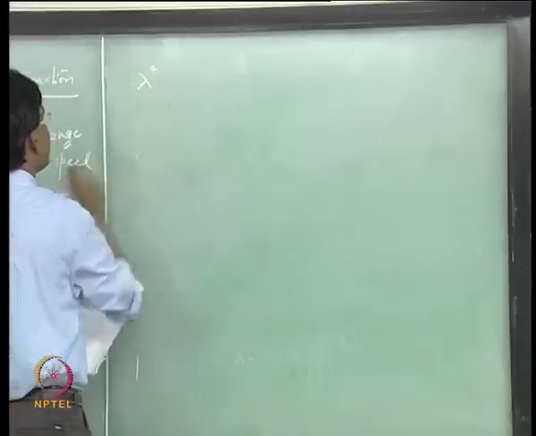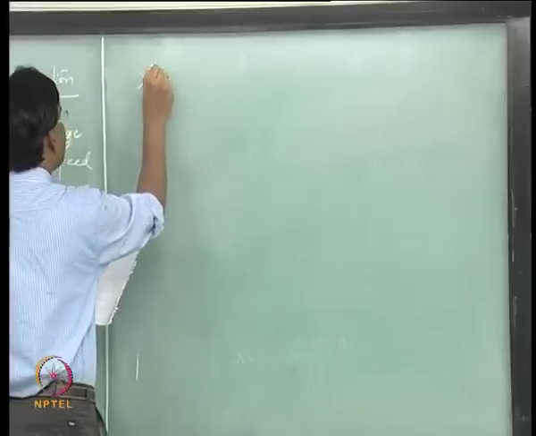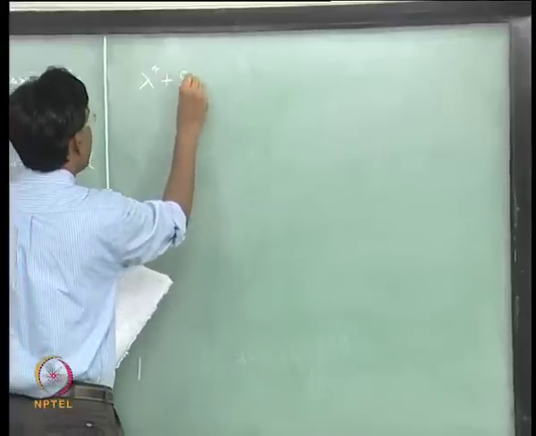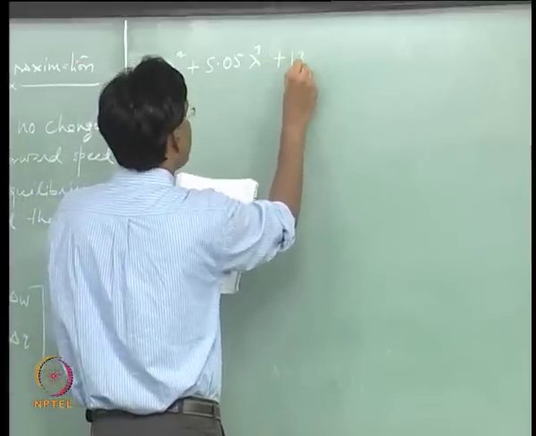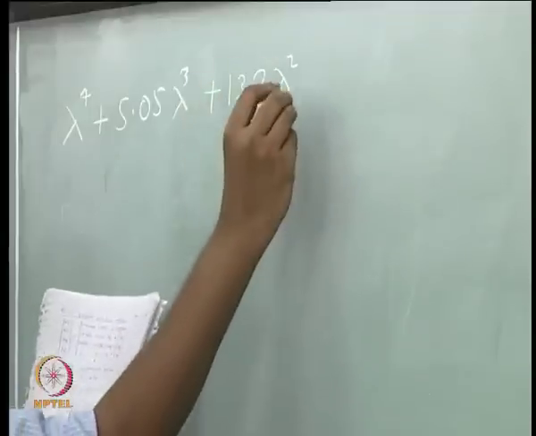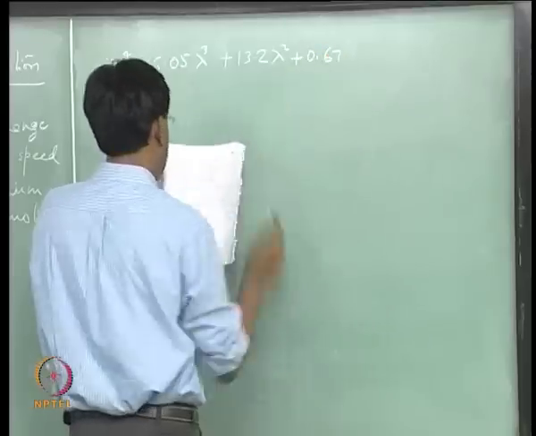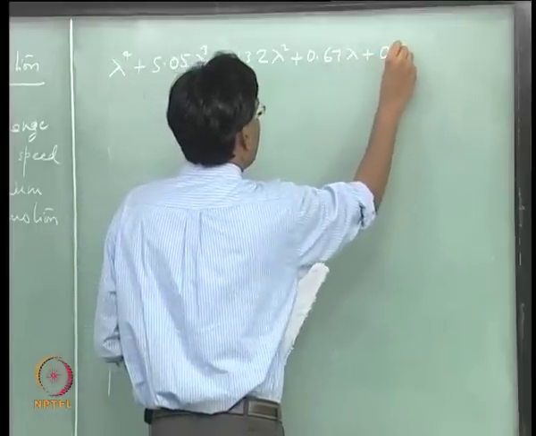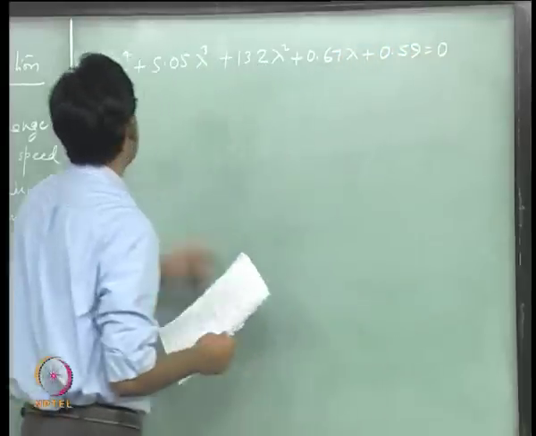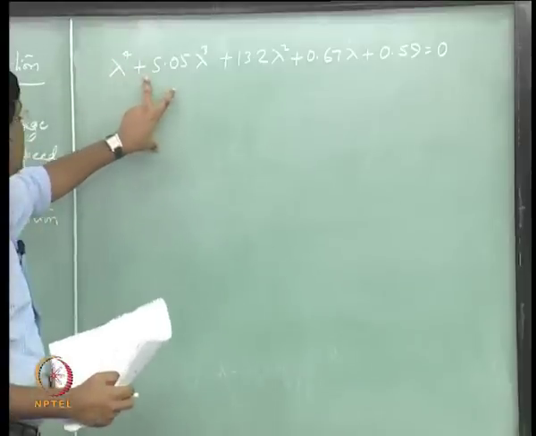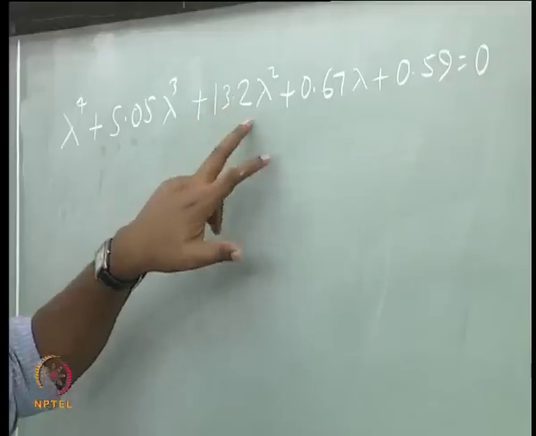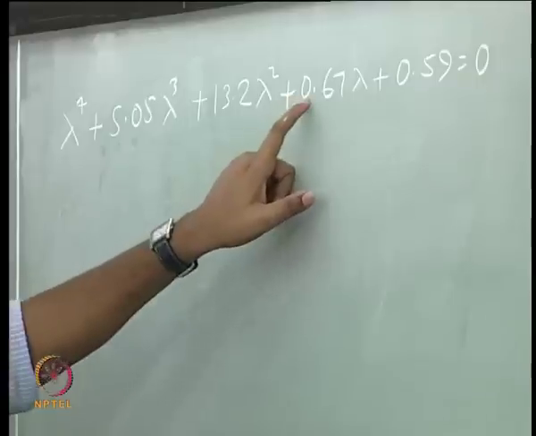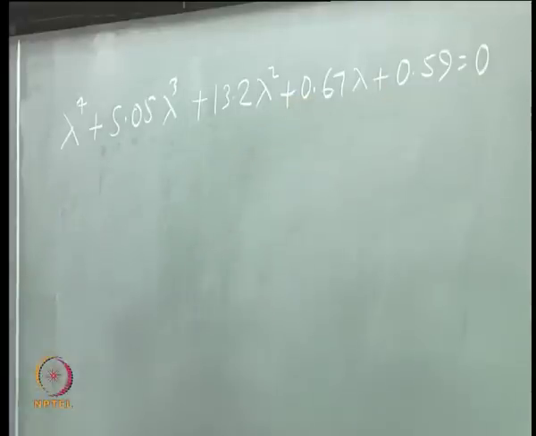So, the equation that you arrive at is this: lambda raised to 4 plus 5.05 lambda raised to 3 plus 13.2 lambda squared plus 0.67 lambda plus 0.59 equal to 0.